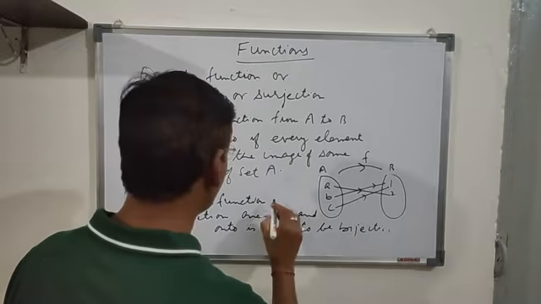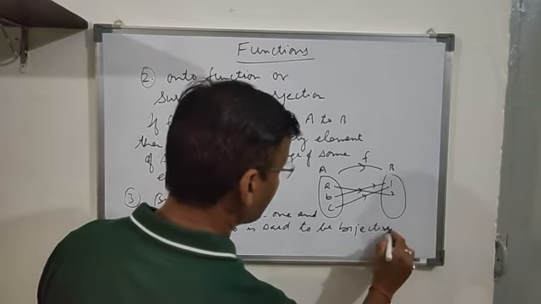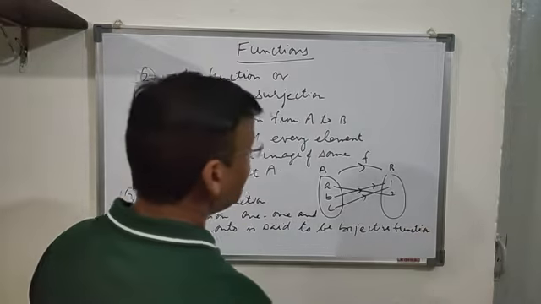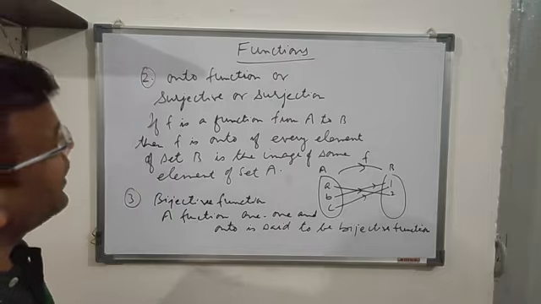Bijective or bijection, it is also said to be a bijection. That means a function which is both of these, 1-1 and onto.